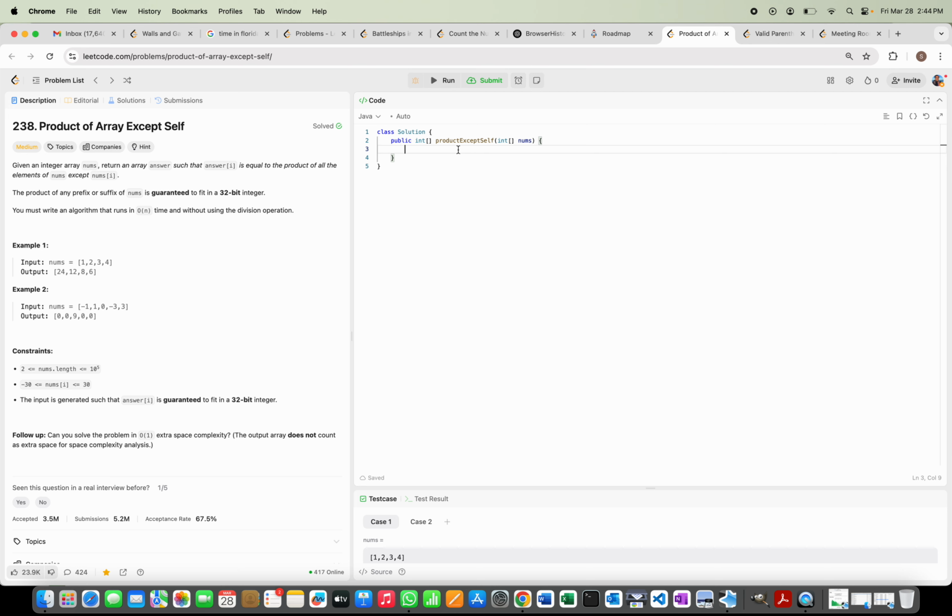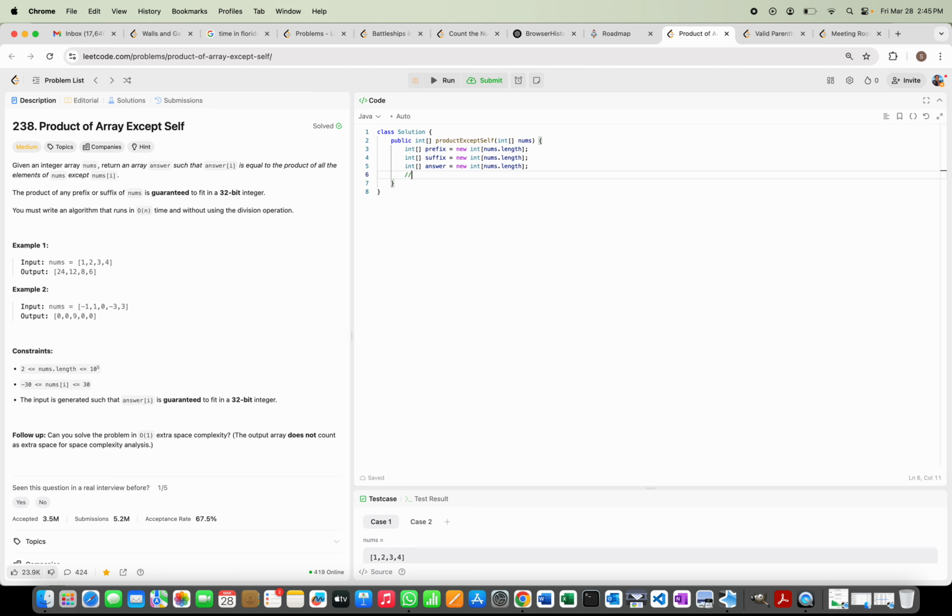So we can start coding. Prefix is going to be new int of nums.length, copy and paste, suffix. And then answer is going to be new int of nums.length, because we're returning an array, and we're going to pre-fill.